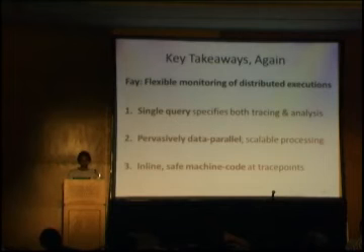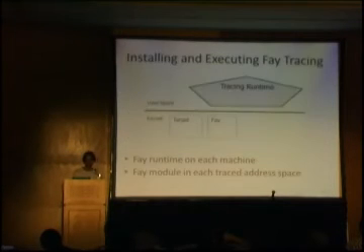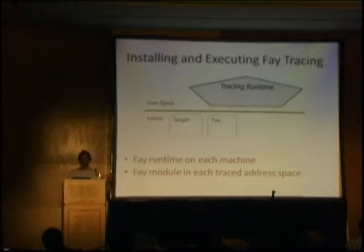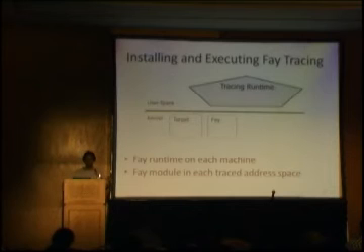Now let's look at the implementation of Fay and how Fay is installing and executing the trace probes right within the machines. So at the beginning, Fay is deploying a tracing runtime in user space on each machine that we're trying to trace, and a Fay probe module, a Fay runtime module, also in the traced address spaces.